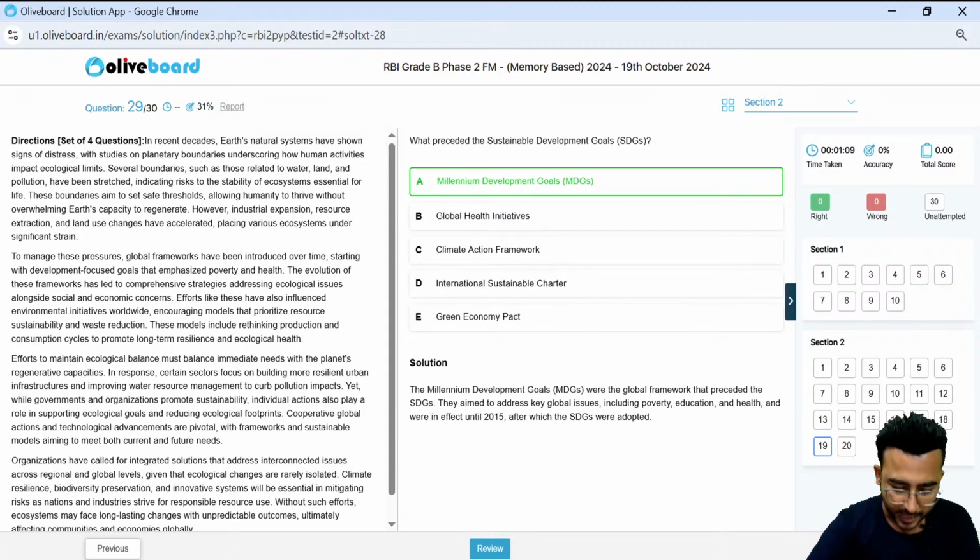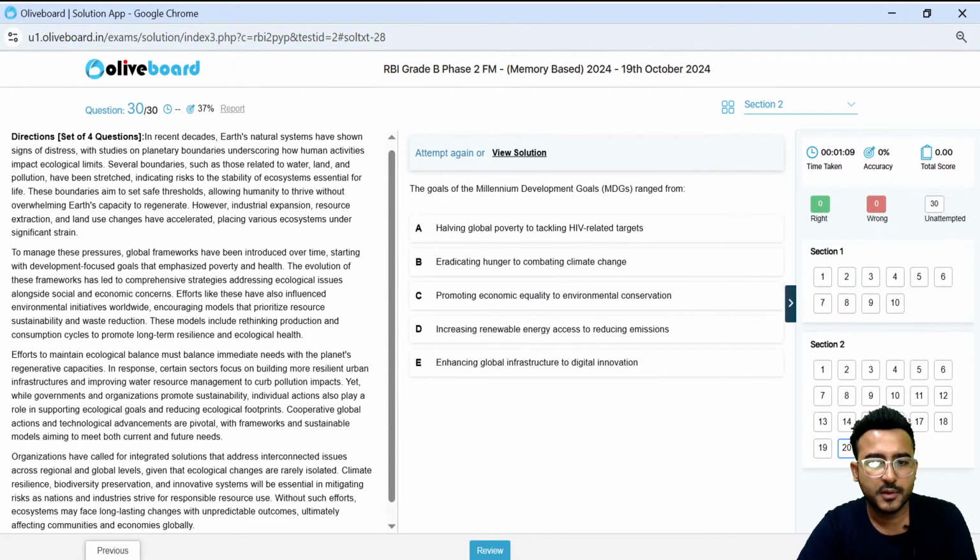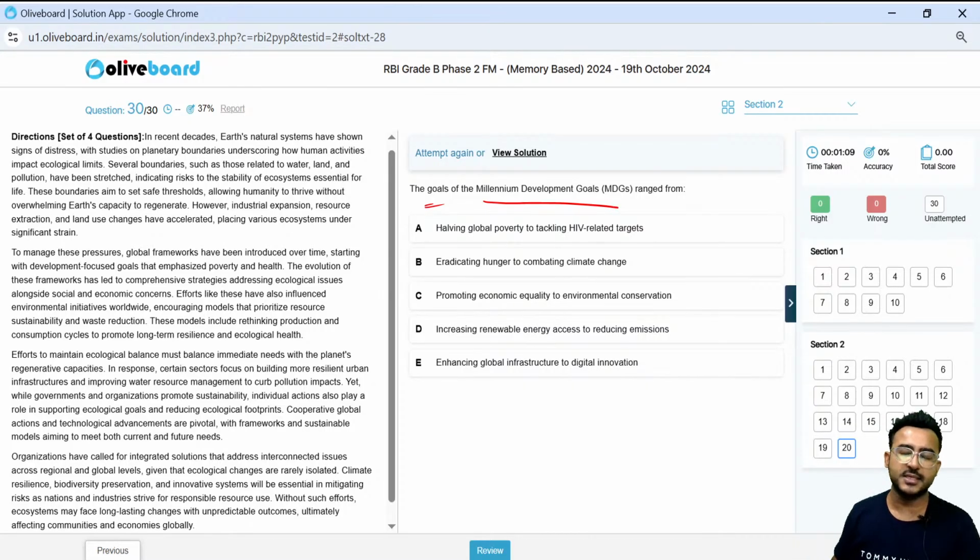The goal of the MDGs ranged from what? You need to tell the goal of the MDGs. Earlier, before the sustainable development goals, we had the MDGs. What were the goals of these particular standards? What do you think was the goal?